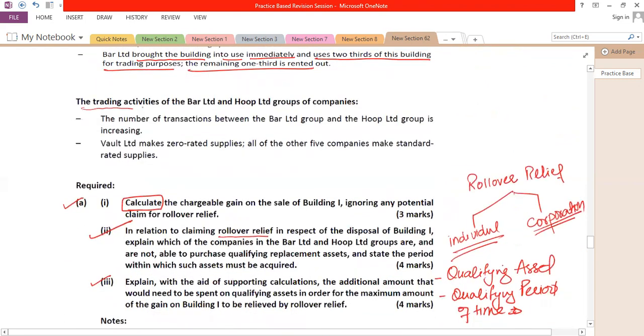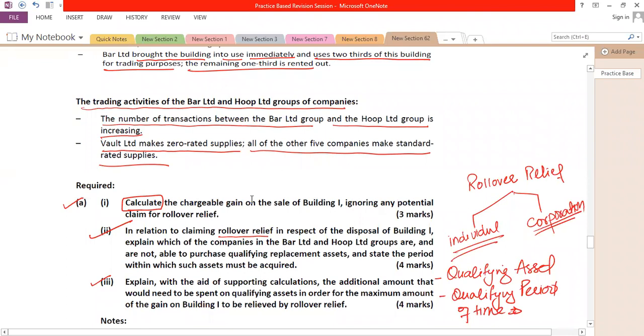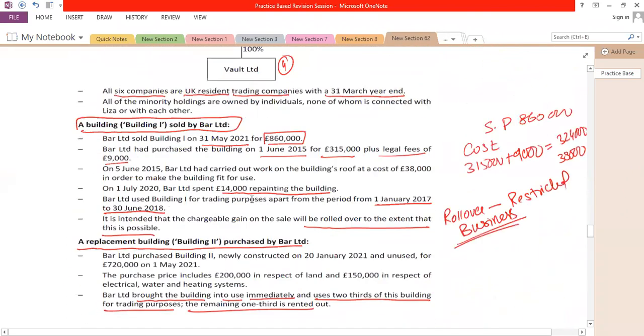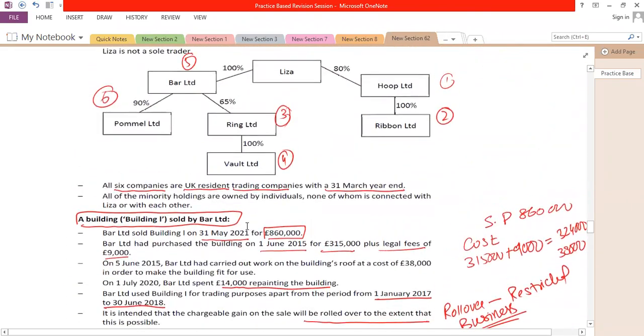The trading activities of the Bar and Hoop Limited, the number of transactions between the Bar Limited and the Hoop Limited group is increasing, the intra-group transactions. Watt Limited makes zero rated supplies. All of the other 5 companies make standard rated supplies. So is it beneficial that a zero rated company selling zero rated supply would be a part of VAT group? Should we include Vault Limited or exclude?